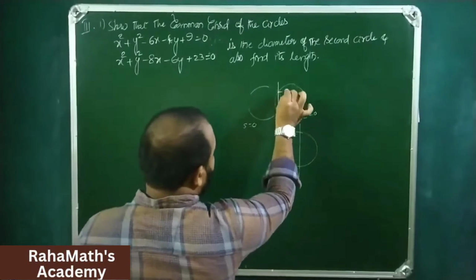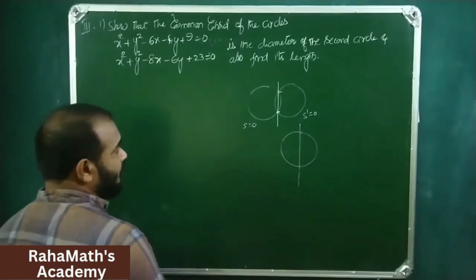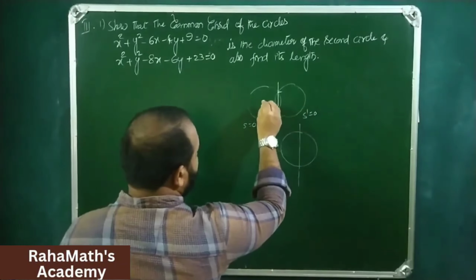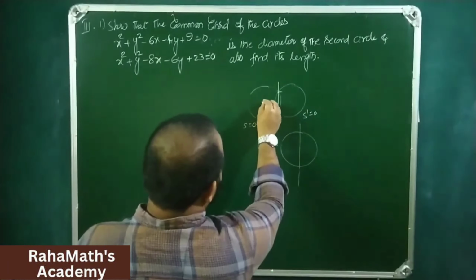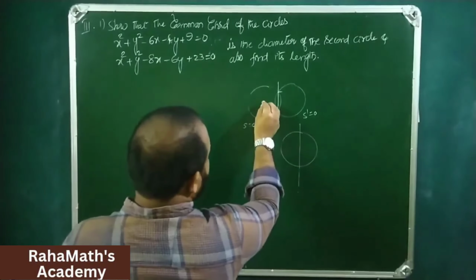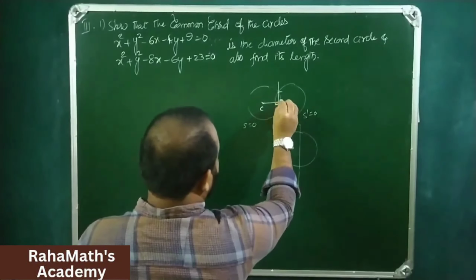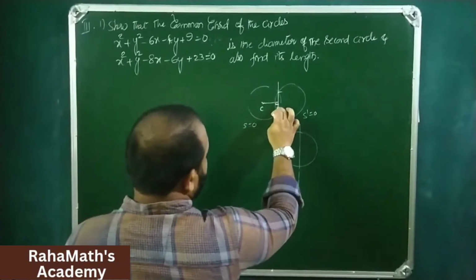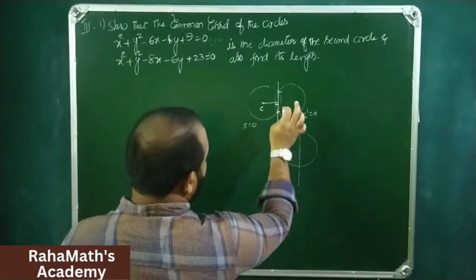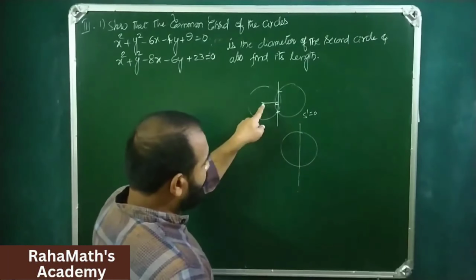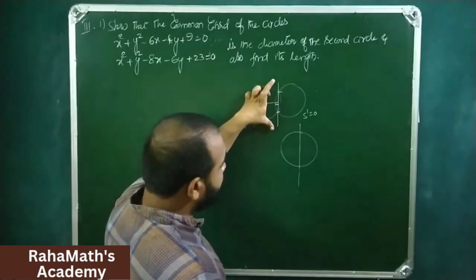So the common chord's length is equal to how much? For example, this is the center and this is the perpendicular distance from the center to this line.